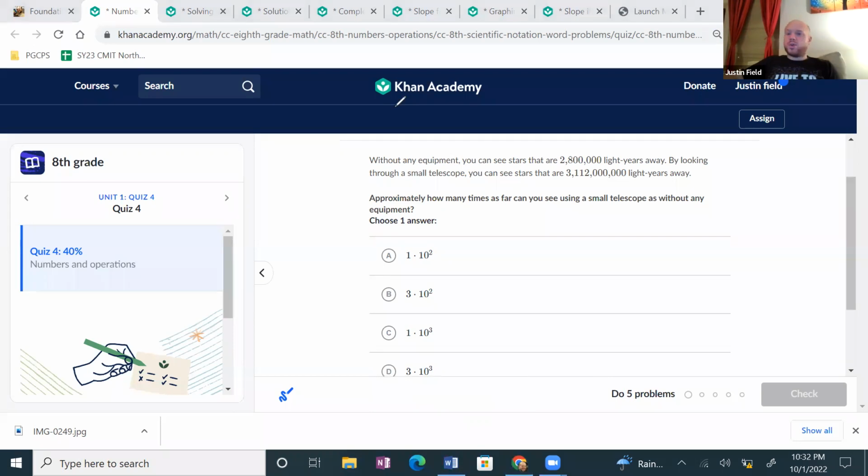So you have to know, what are we doing? Multiplying, dividing, adding, subtracting. Anytime you want to know how many more times something is bigger, or how many times stronger or something, that's division. So when I saw this, I knew that it was division.